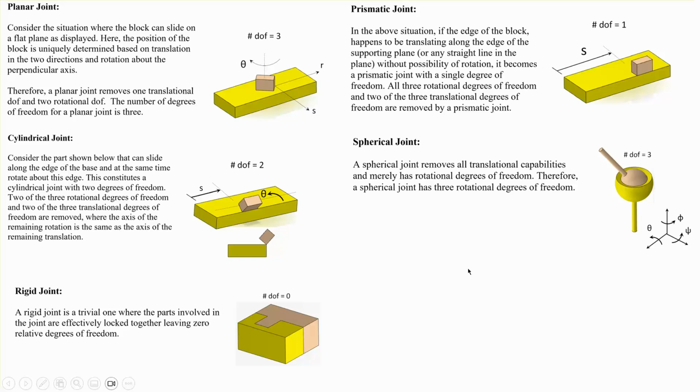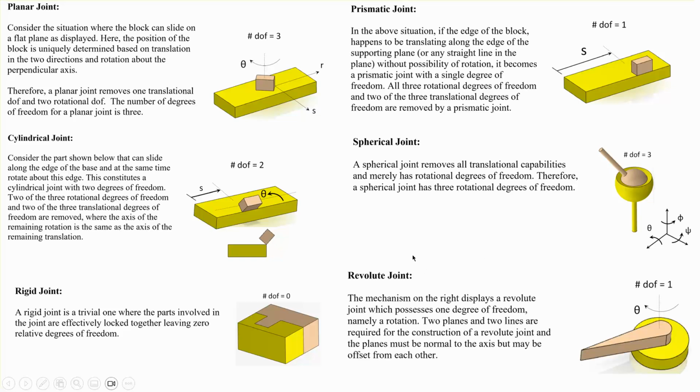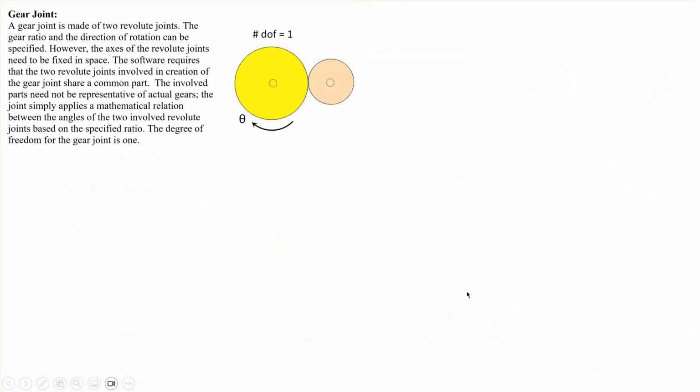Rigid joints, obviously everything is stuck together. Revolute joint. Chapter 2 of this textbook slash playlist is going to be the prismatic joint, and tutorial 3 or chapter 3 of the book is going to be a revolute joint.